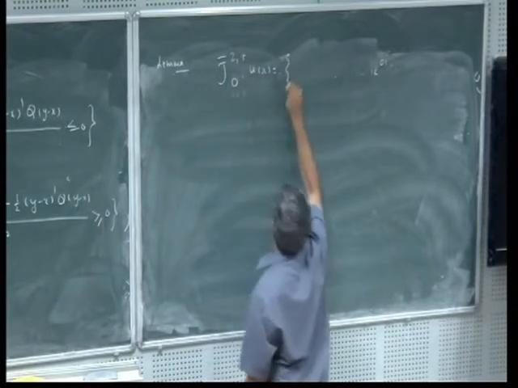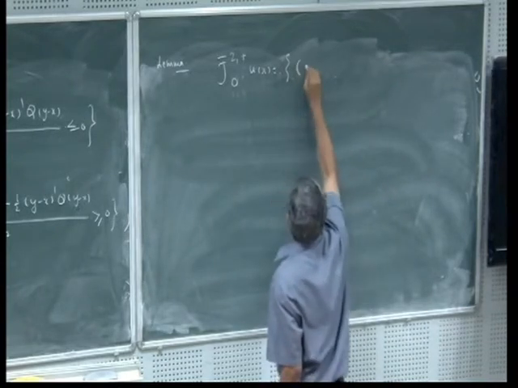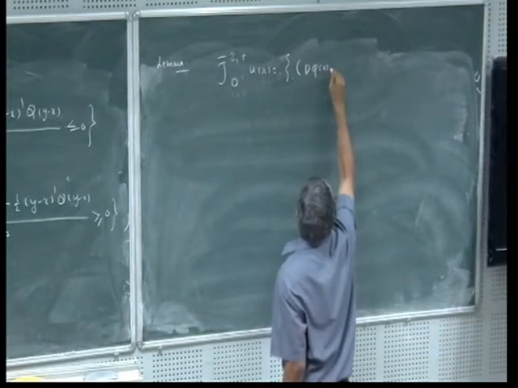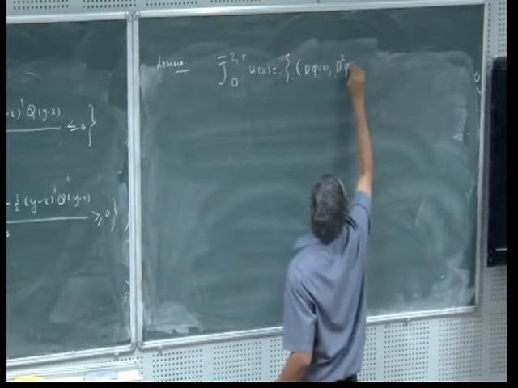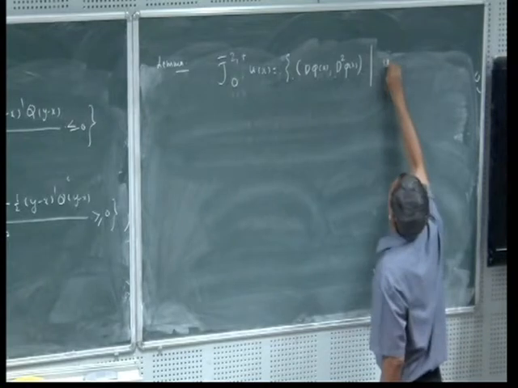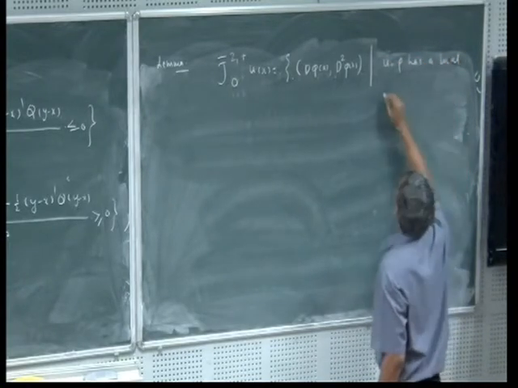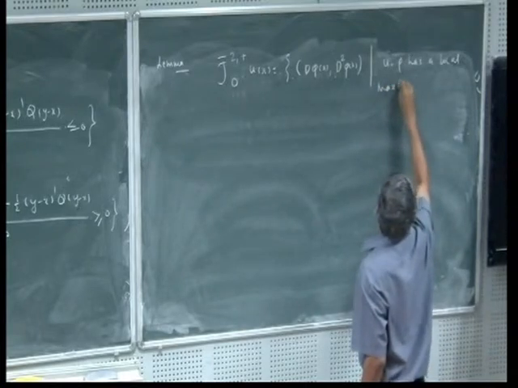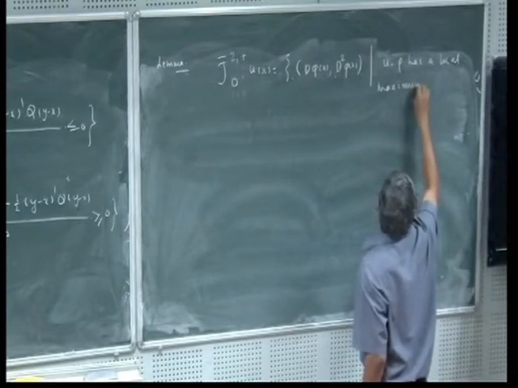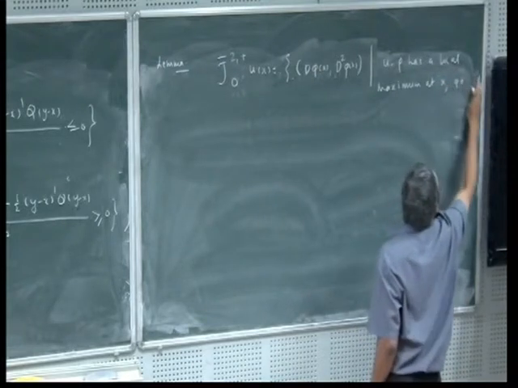This is nothing but all p, q such that u minus phi has a local maximum at x and where phi is in C2.